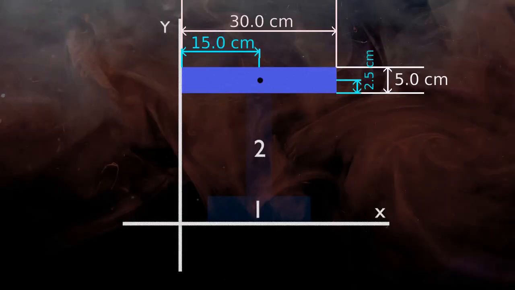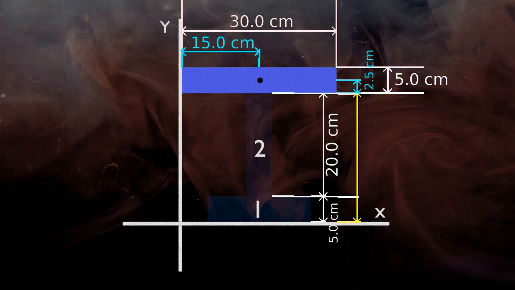So we have to add this extra distance to the previously found coordinates of the shape. We can find it by adding the heights of rectangle 1 and rectangle 2, which is 20 cm plus 5 cm equals 25 cm.